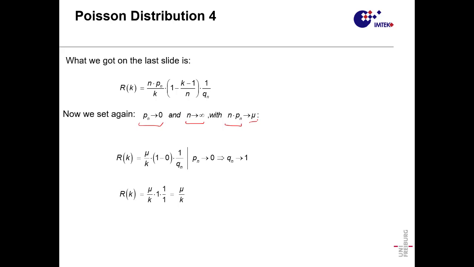So from here, you can plug in p equal to 0, when it tends to 0, and q will tend to 1. And then basically 1 minus 0 is 1, and q is 1, so it's 1 over 1. So at the end, this ratio, in the case of very low probability and a very large n, becomes only mu over k.